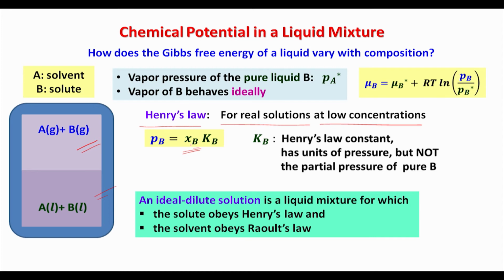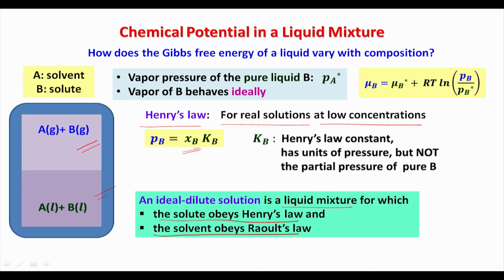So what is an ideal dilute solution? An ideal dilute solution is a liquid mixture for which the solute obeys Henry's law and the solvent obeys Raoult's law. Now, how does this situation vary from the previous situation of the ideal solution?